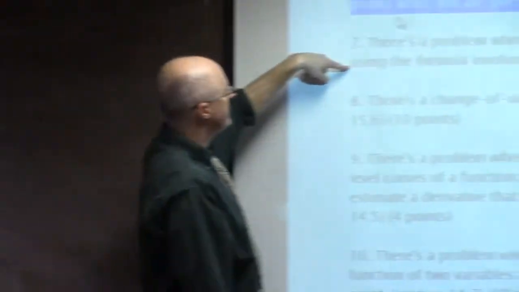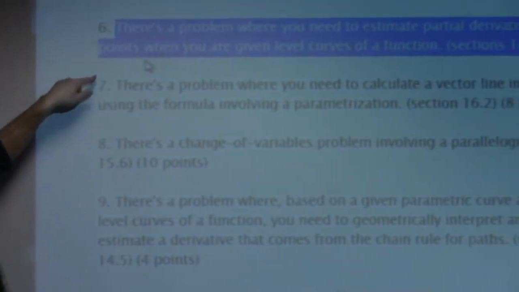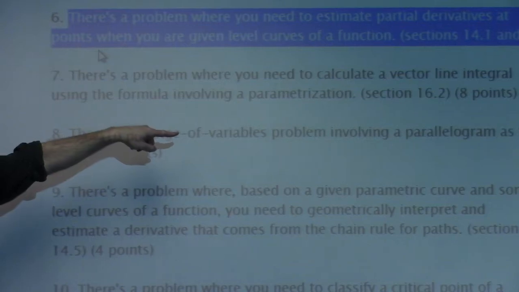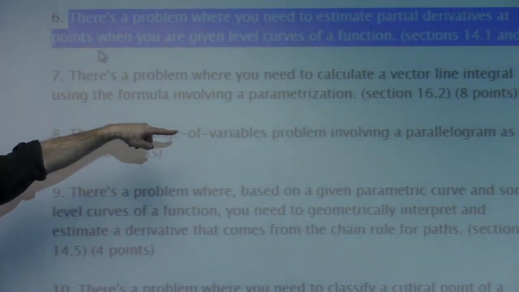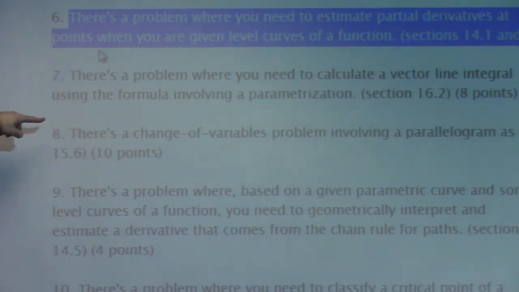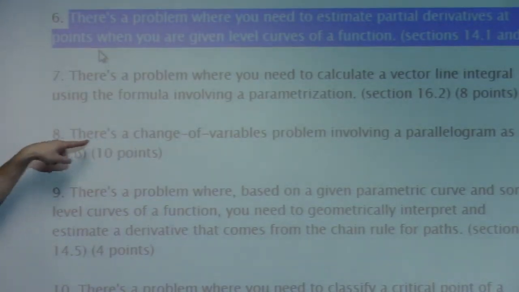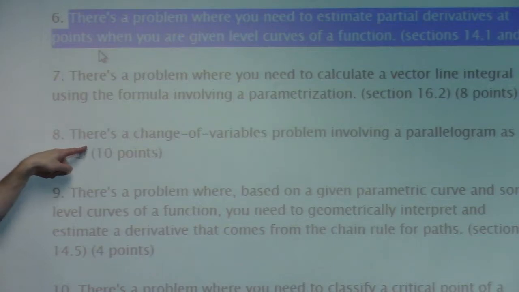Number 7, that's a calculation problem. Use a parameterization. You do need to come up with a parameterization. It's either going to be a circle or a line, so you should practice parameterizing circles or straight lines. We've done that before. There's a change of variables problem involving integrating over a parallelogram. That's a computational problem.